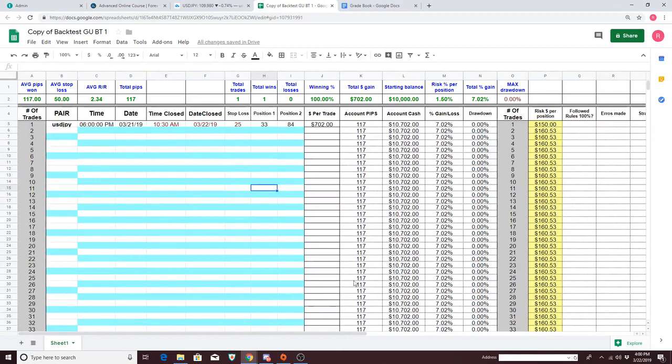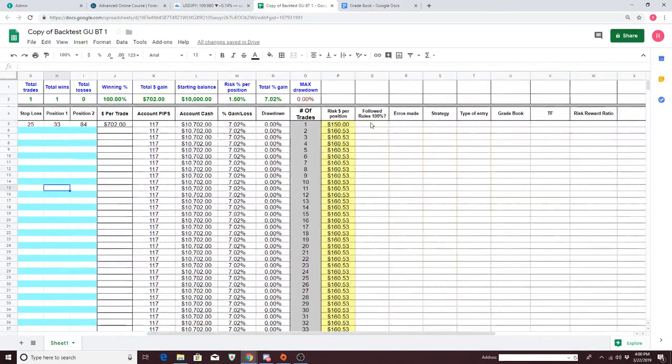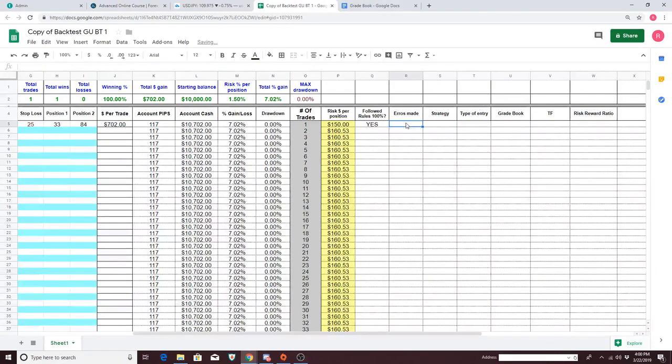Okay, so did we follow our rules 100%? Yes. Errors made: we made no errors because we followed all of our rules. The strategy was a pullback strategy. The type of entry was an engulfing, right? This was the type of entry, but normally we're going to do market execution.